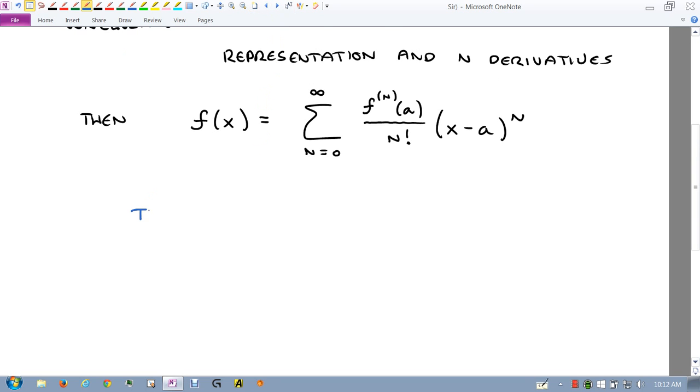This is called the Taylor series of f centered at a. All right?